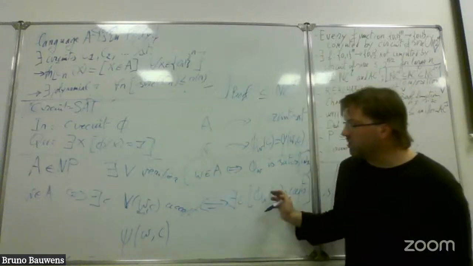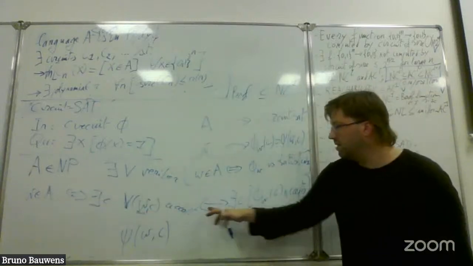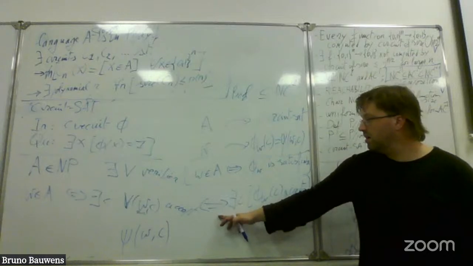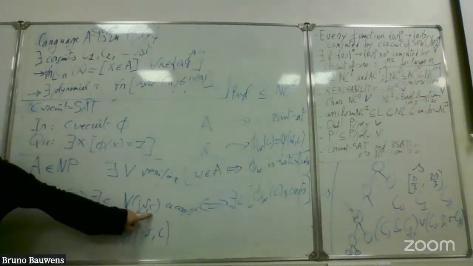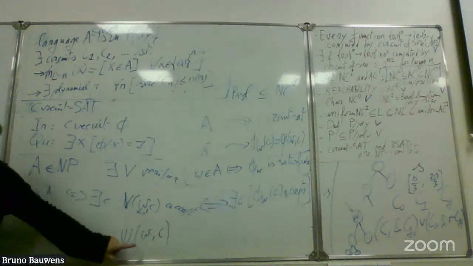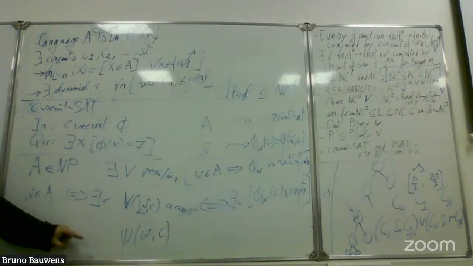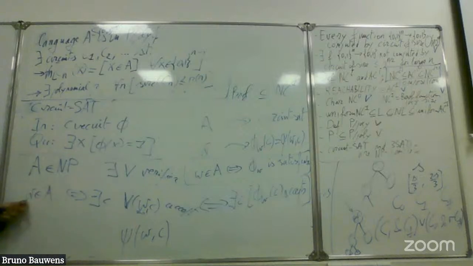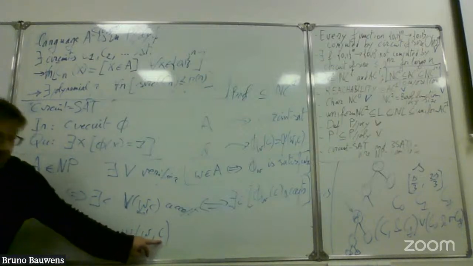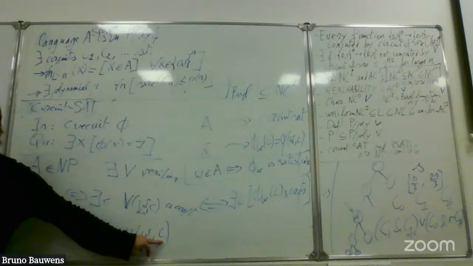C is the certificate. If w is in the language, then there is a certificate. It accepts two binary strings. w is our problem input, is w in A, and C is the verifier certificate from the definition of NP.